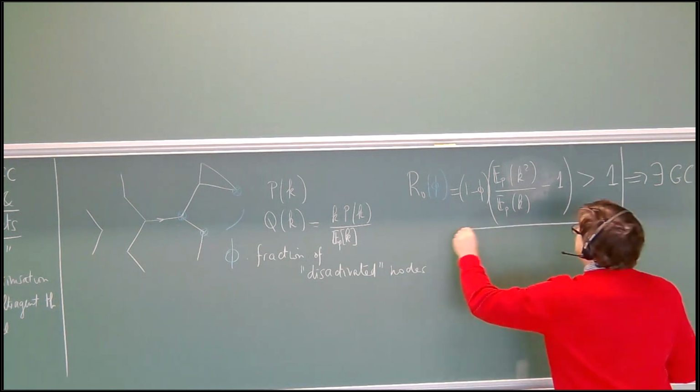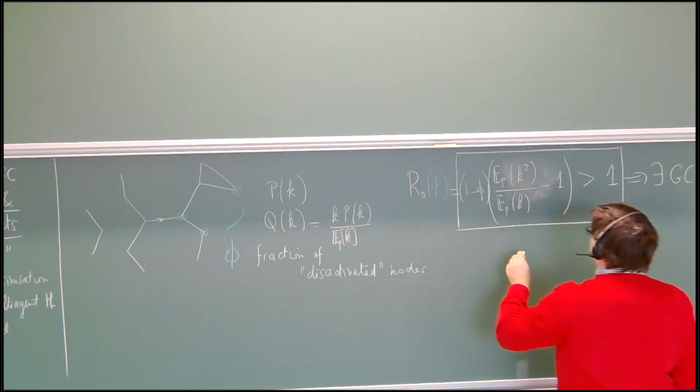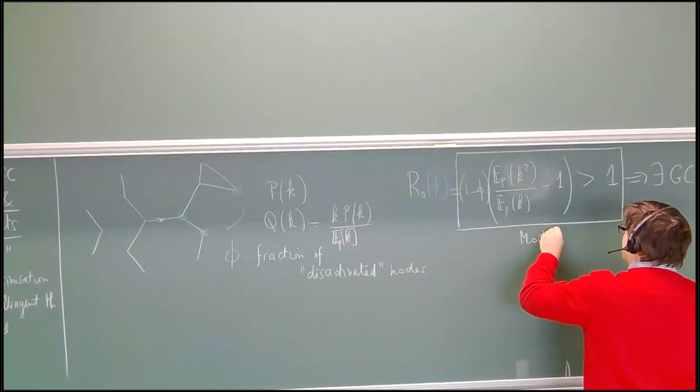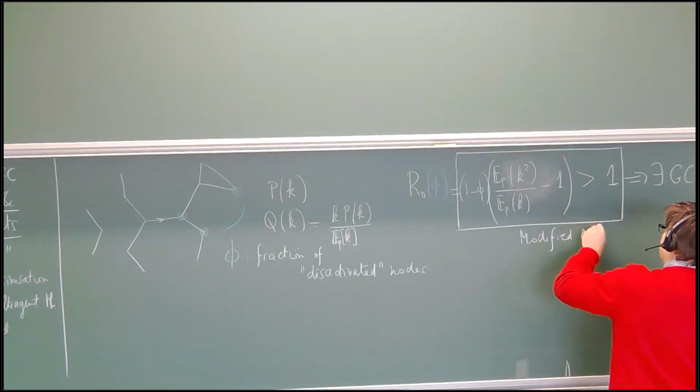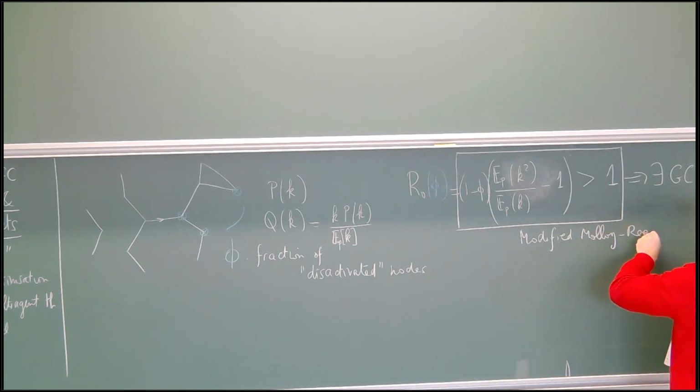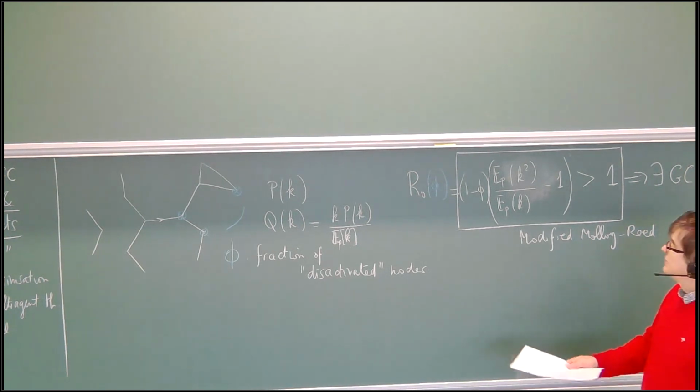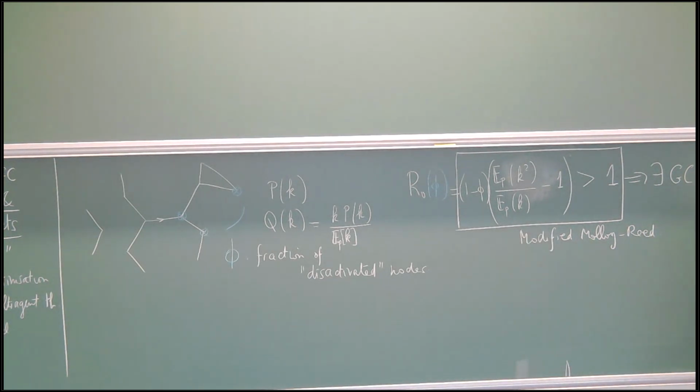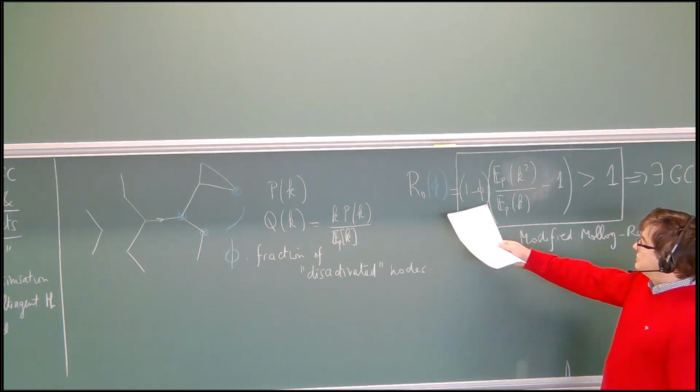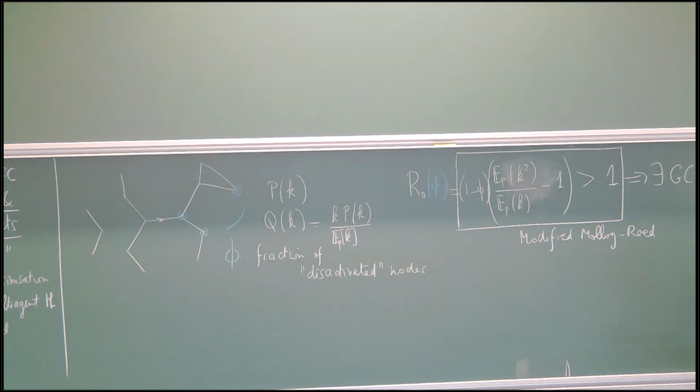It's just this modified Molloy-Reed criterion, which again I've argued using a little bit of hand-waving and this analogy with Galton-Watson, but believe me, you can actually do much better than that. Through the same kind of calculation that would be needed to establish the Molloy-Reed criterion to start with, it's very simple to get this factor 1 minus phi on top of it.